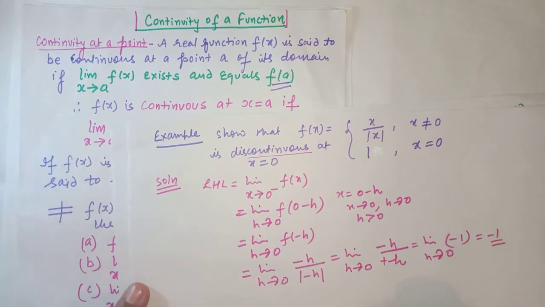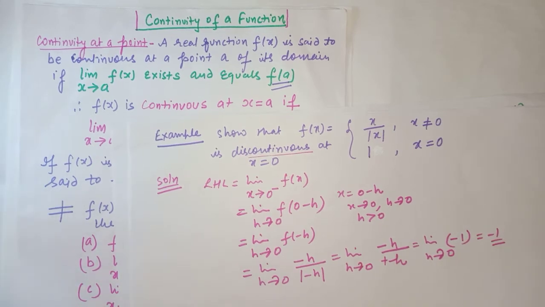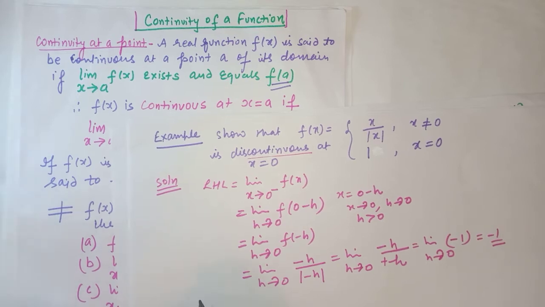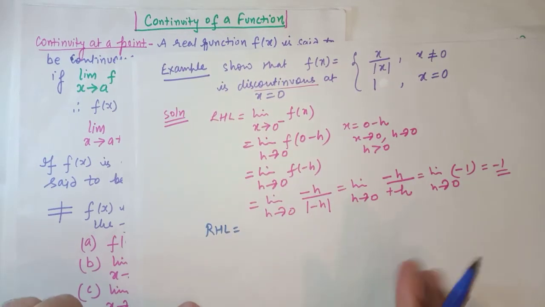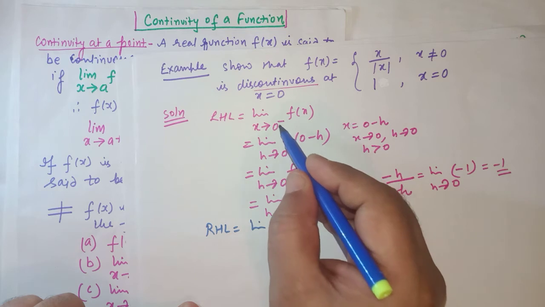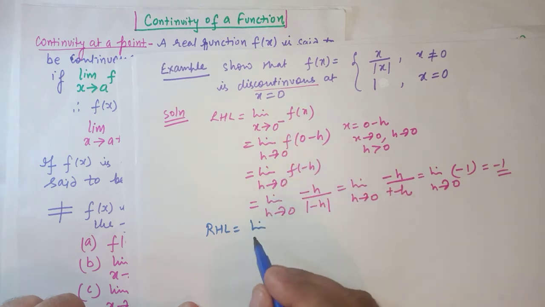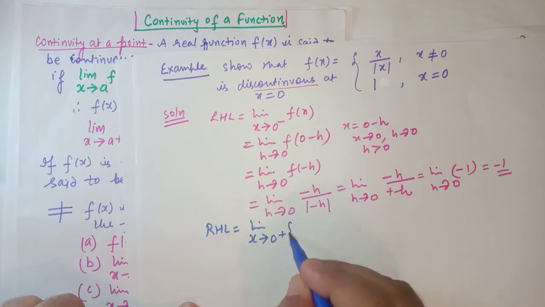Clear? So this is the left hand limit. Now let us find the right hand limit. Again here we will write the positive sign, so we have x tends to 0 plus f(x).